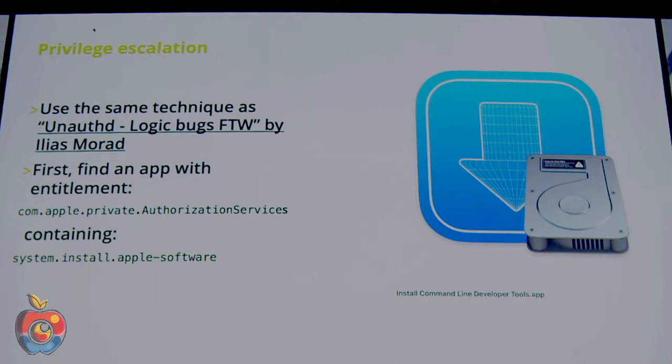And what this basically means is that this application is allowed to install packages signed by Apple without authorization from the user. So normally if you install a package, the user needs to enter their password or something similar to that. But if you have this entitlement, you can just install any Apple-signed package without authorization. And any installation of a package runs as root.